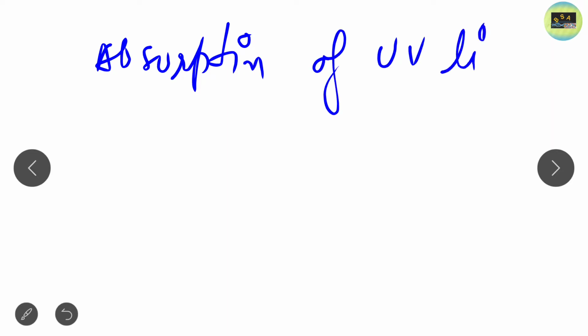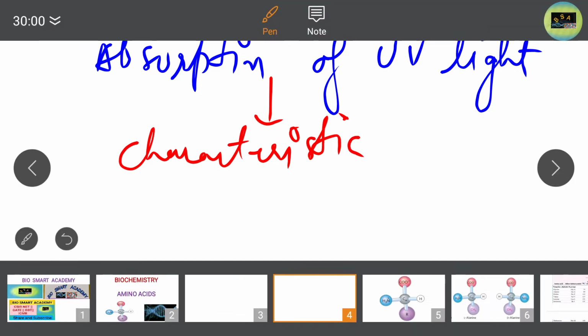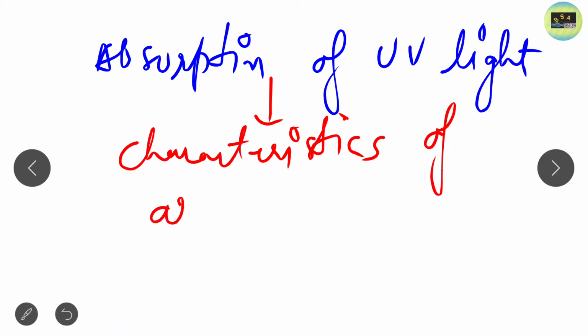Absorption of UV light is the characteristic of aromatic amino acids. Clear?